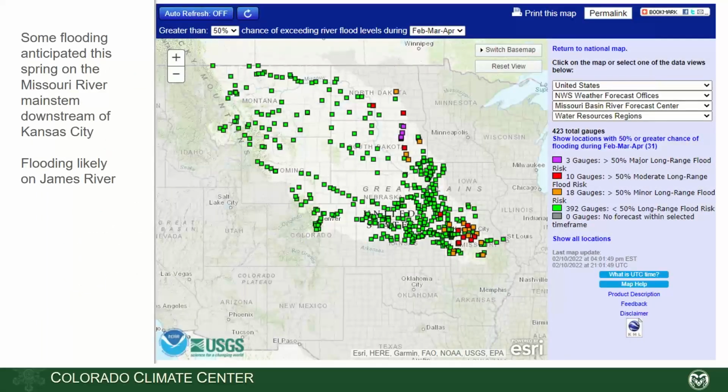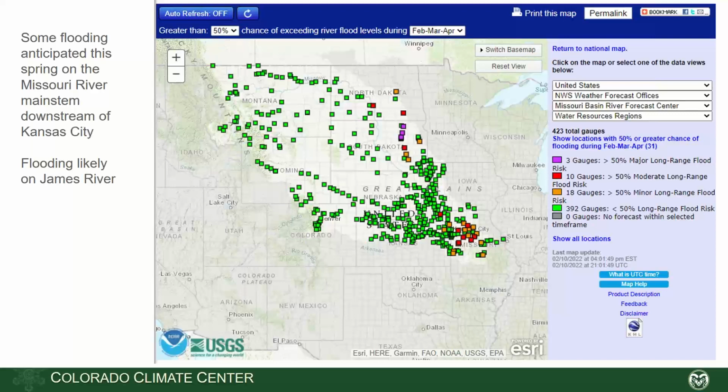So the James River flows from North Dakota south into the Missouri, and you can see the purple up there where there's some concern about major flooding on the James. It's a very flat river, flows extremely slowly. In the lower part of the basin, you'll see that coloring, the orange and reds, every single year, mainly due to spring convective activity, which is thunderstorms and such.